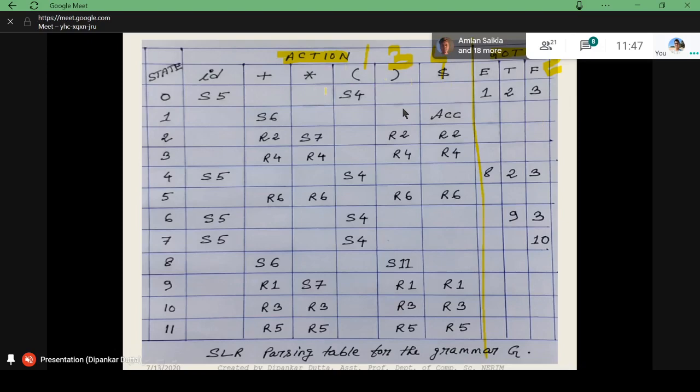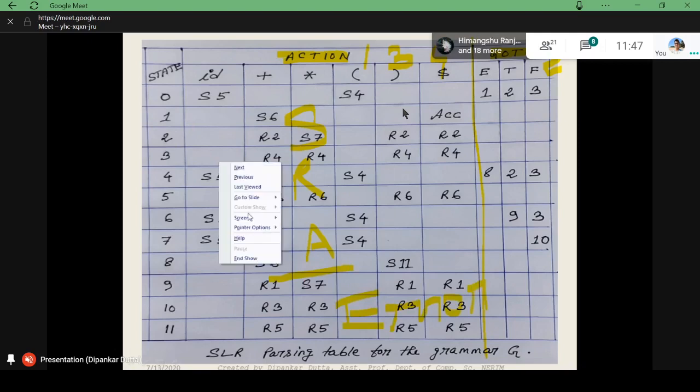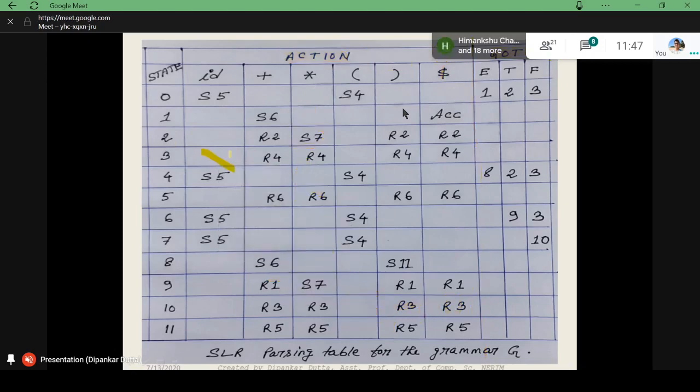What did we get in action? Shift, reduce, accept. And in goto, we got only goto. The remaining is the error. Remaining action was error. So any blank entry within this table, these are the blank entries.